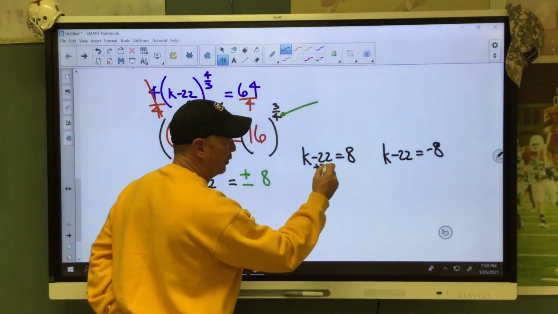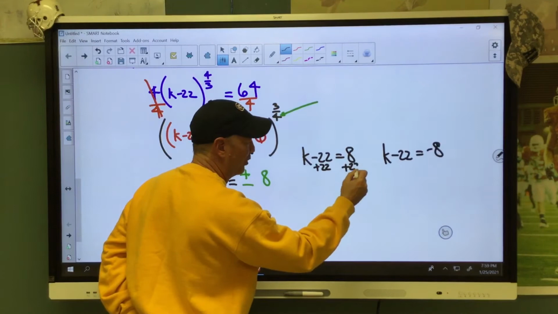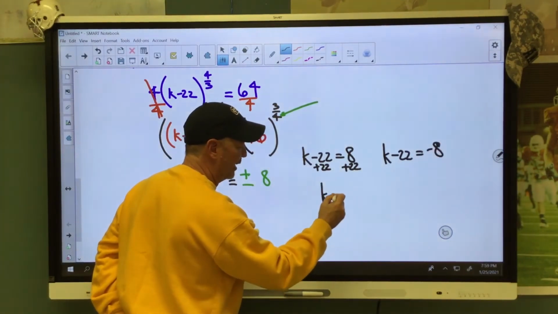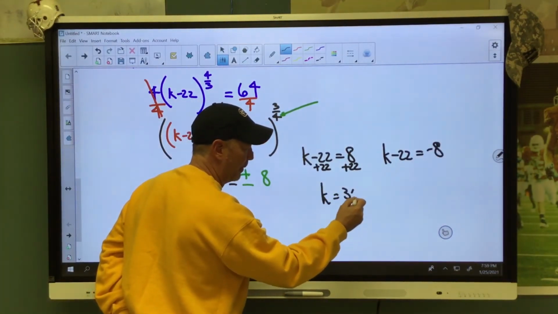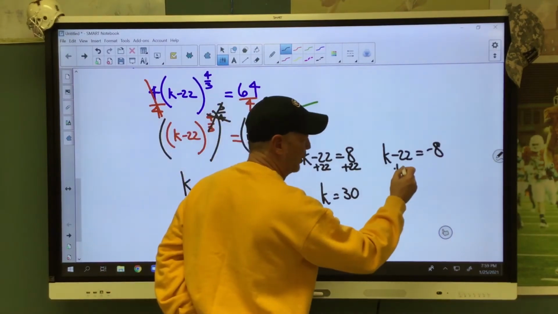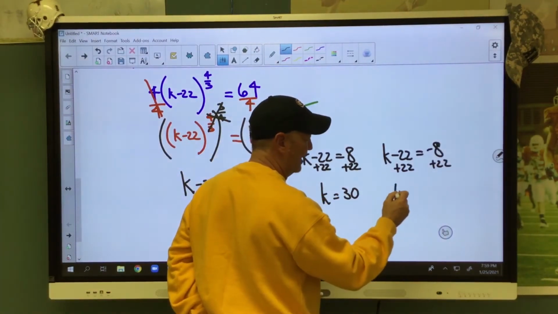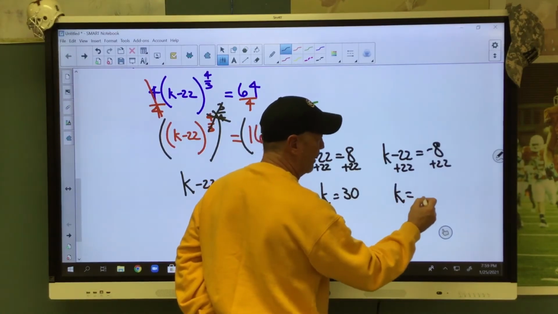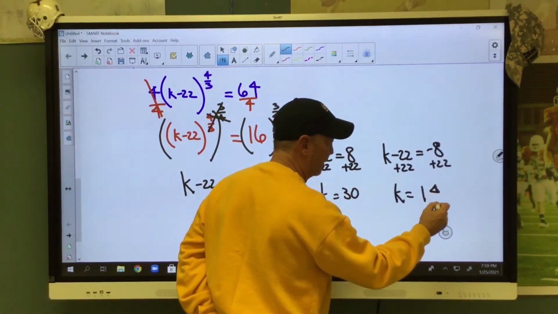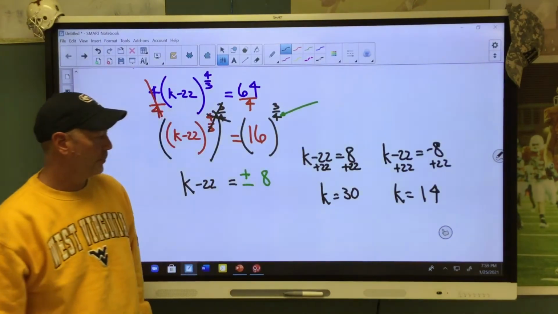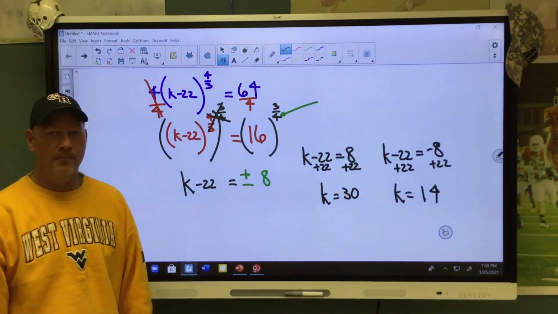Plus 22 plus 22, k equals 30. Plus 22 plus 22, k equals a positive 14. Those are my 2 answers.